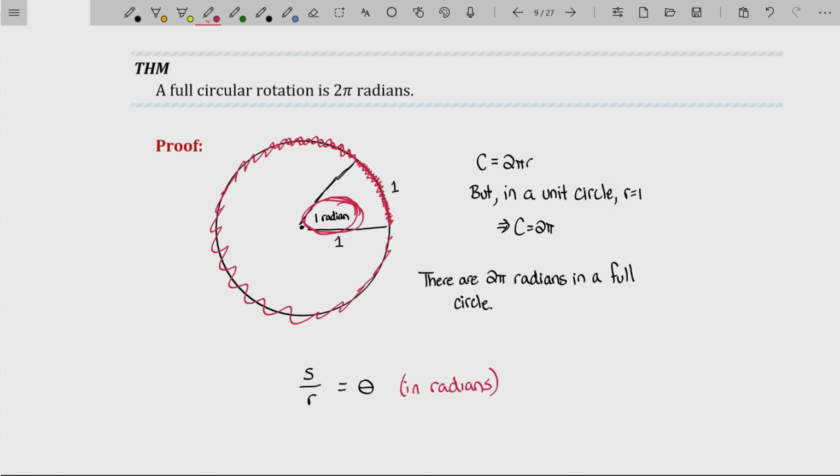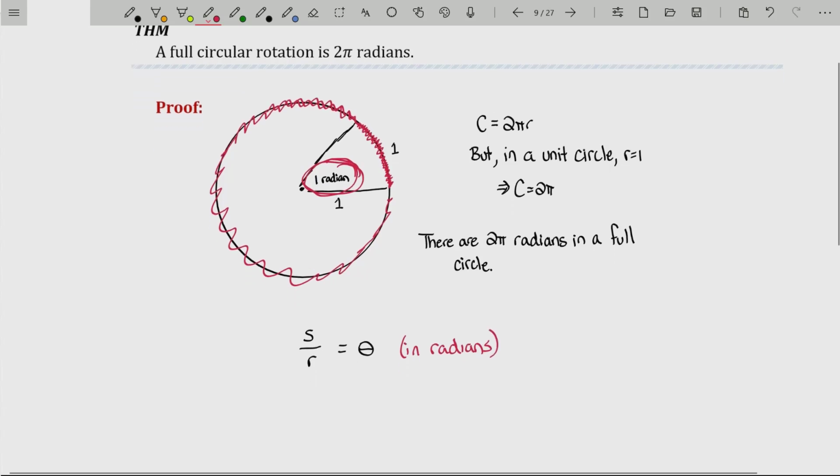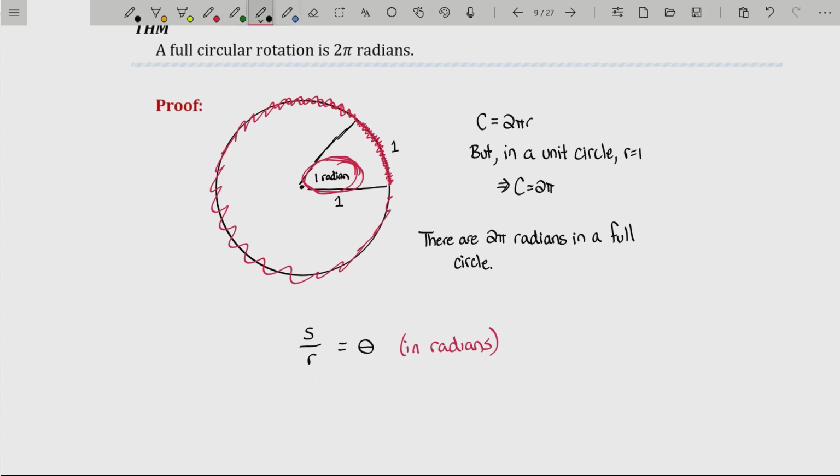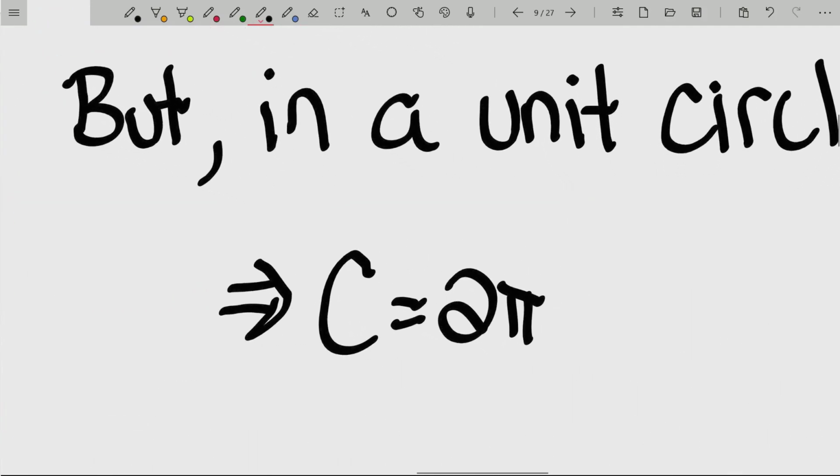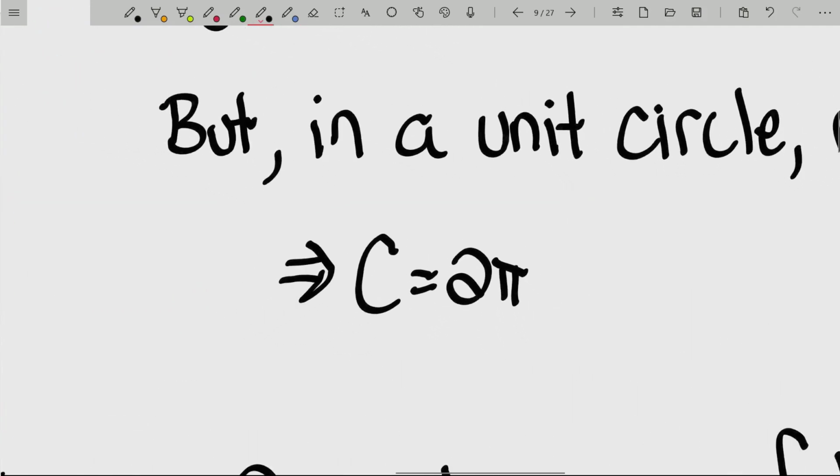And so if I say we're on a unit circle, that would imply the arc length is always equal to theta, because you're dividing by 1. But we've just stated the arc length for a full rotation on a unit circle is 2 pi.